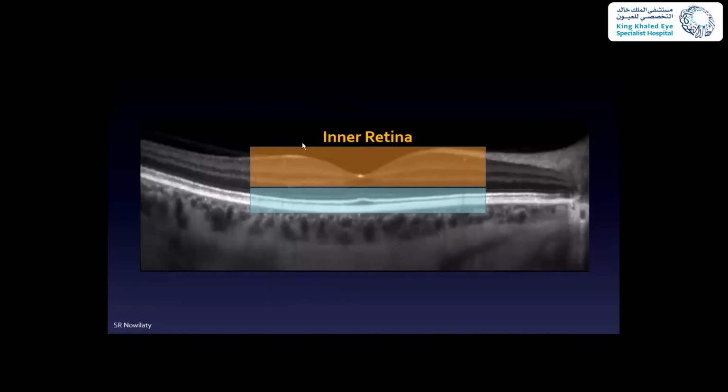The outer retina receives its blood supply from the choroid, through the ciliary vessels and the choriocapillaris, which nourishes the RPE and the photoreceptors. The photoreceptors are part of the outer retina, and at one point there is a watershed zone between the inner retina and the outer retina, where the inner retina starts to be irrigated by the retinal vessels, the central retinal artery and vein. So you've got inner retina and outer retina.